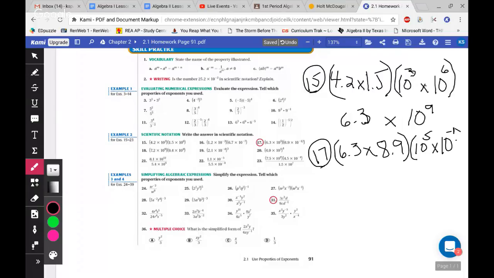Wow. As I said, I am experimenting with the new stylus, so my writing's going to be really nice. So then you multiply those.